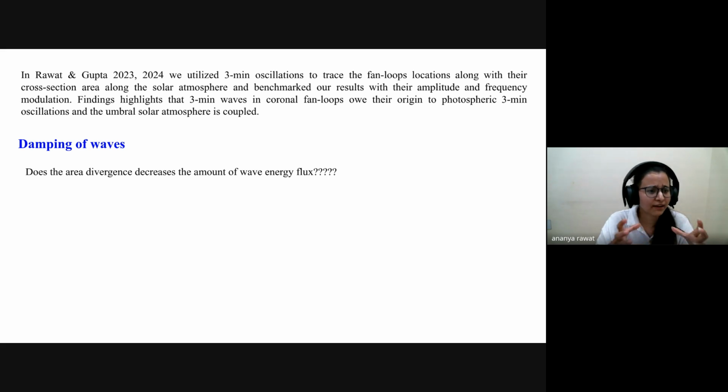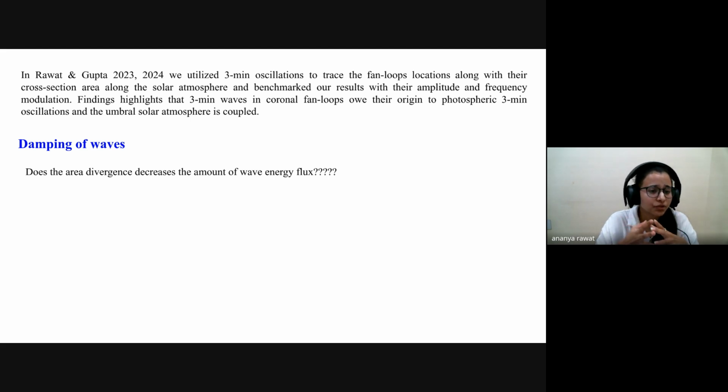Now we have the area divergence. Previously we didn't know the area of the loop in the lower solar atmosphere. Lower solar atmosphere for me means the layers which are below the corona. Now we have the cross-section area, or the area divergence, of the loop.